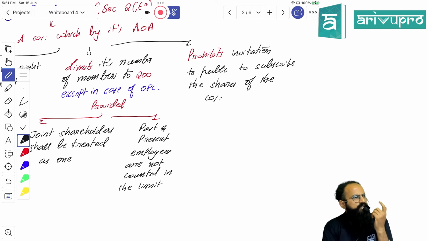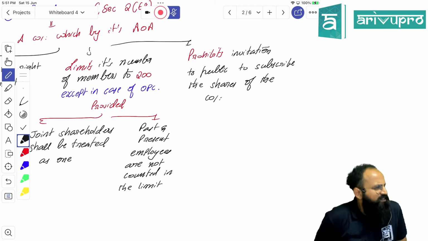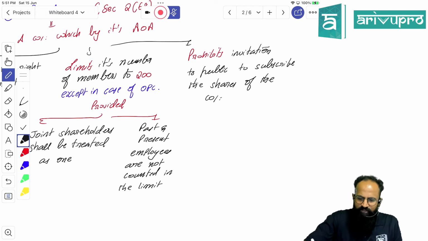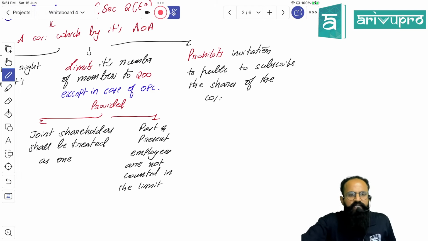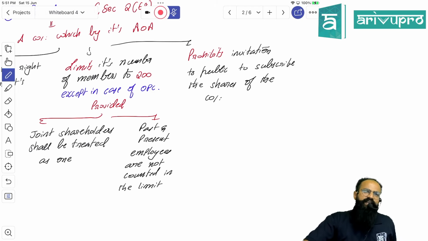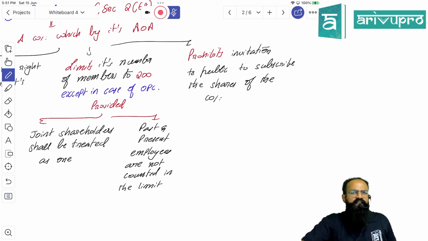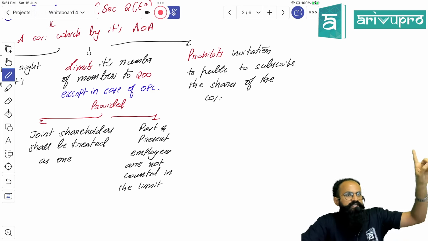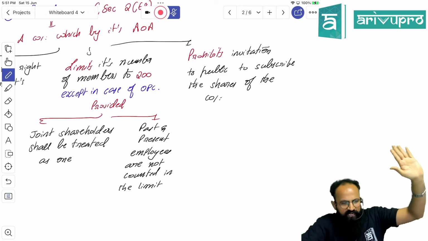I believe you would have seen this in your foundation somewhere. Private company. Every company has two main documents, one is called MOA, the other AOA. What is AOA?